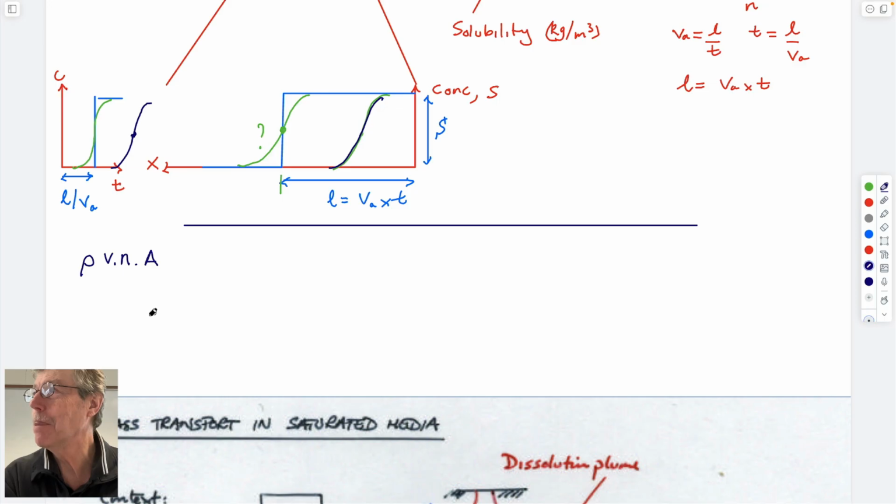So is the reason we use the Darcy velocity versus the advective velocity to calculate the flow rate? I guess one gives you when it arrives.